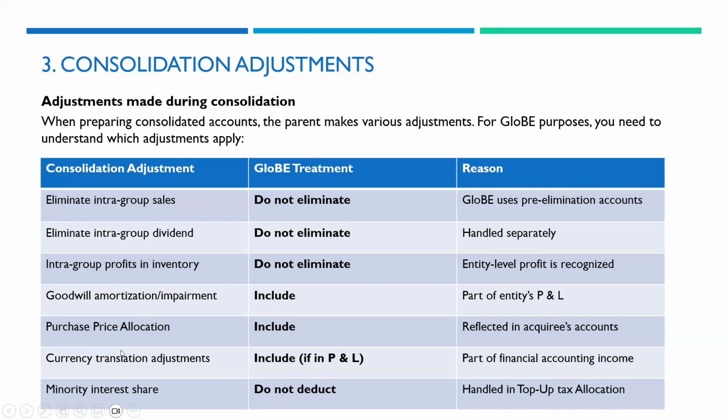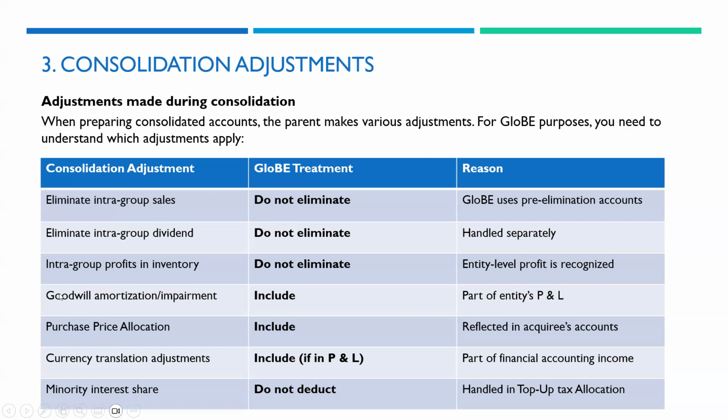That's what it means. And if you are using fair value against book value, there would be goodwill. So if there is amortization or impairment of goodwill, that adjustment also has to be captured in the subsidiary's books. Basically, do not eliminate all consolidation adjustments, but these two things you have to include.